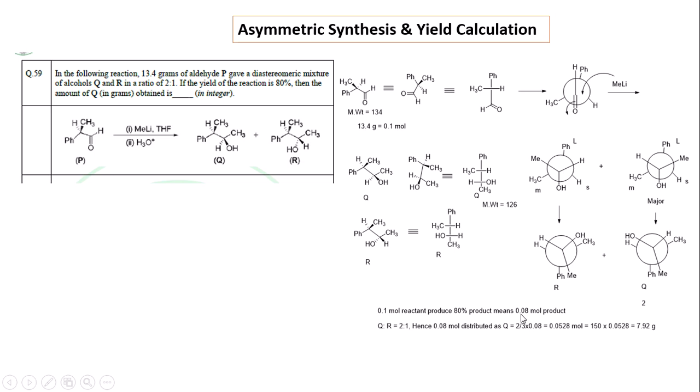So this is 0.08 mole of product, and if we divide it in the 2:1 ratio, we get one isomer as 0.052 mole, and the other isomer becomes 0.052 mole, and if the molecular weight is multiplied, we get 7.92 gram of the desired product. Thank you for watching this video.